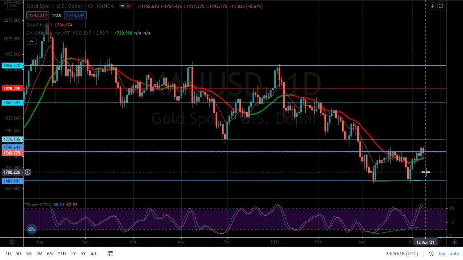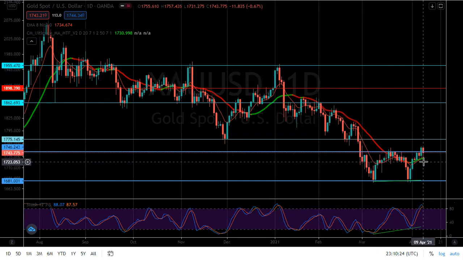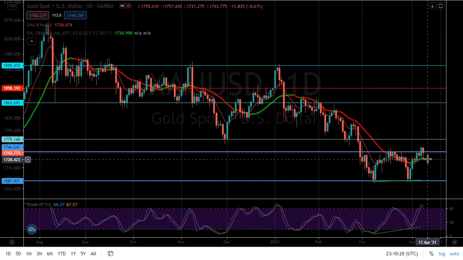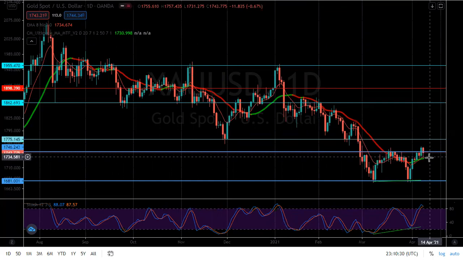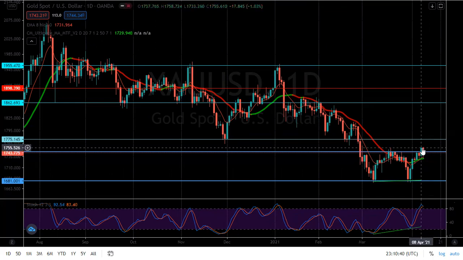But let's look more at the reaction of price around these zones. For me, I'm looking forward to seeing more bearishness into the 1725 area. If we have any bullish reversals around here, then we look forward to retesting these highs here, the 1755 area.